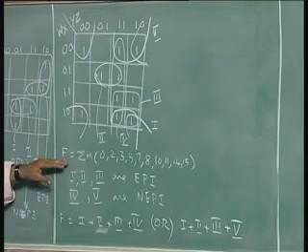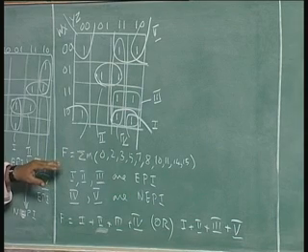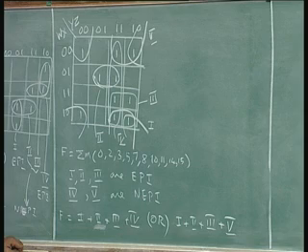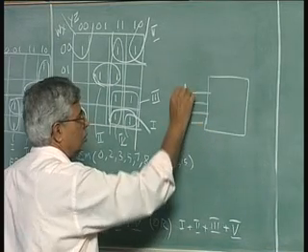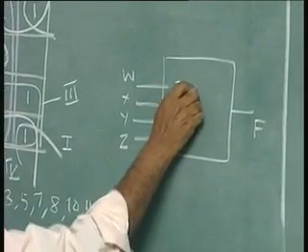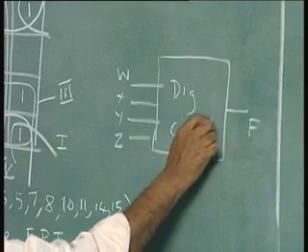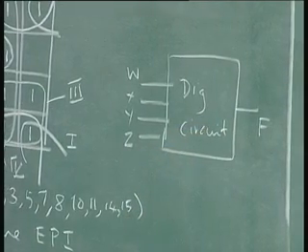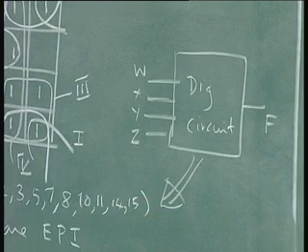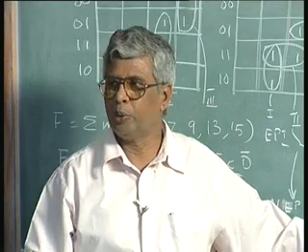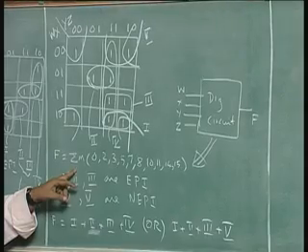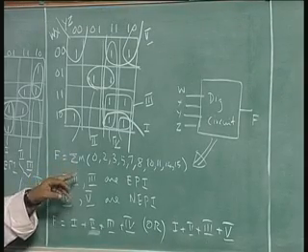This is the sum of products expression you are given. There is a system of 4 variables, W, X, Y, Z, having an output F, and the system has the following Boolean functionality, as a functional relationship between input and output given by this Boolean expression.